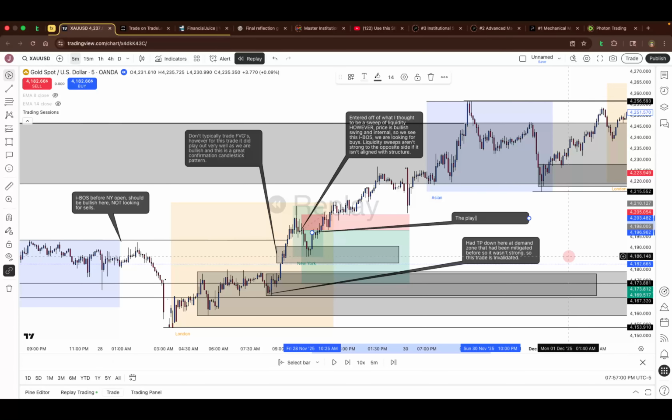The play here, the trade should have been a... seeing the... confidence in price.